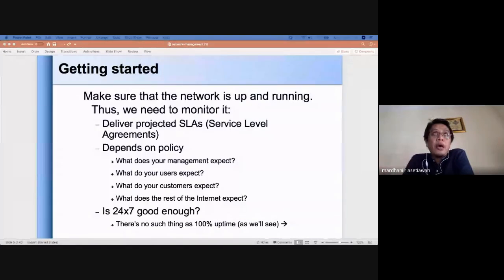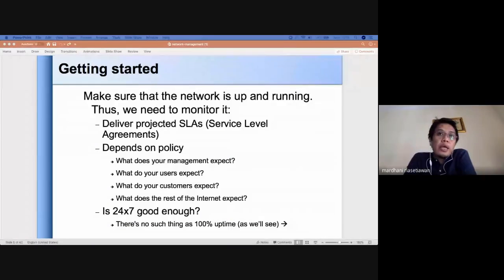This is like an agreement between the network provider and the user, that the network provider will try to maintain the quality of service at a certain number of points, for example 80% or 95%, and we let the rest of the percentage anticipate errors, faults, and so on.